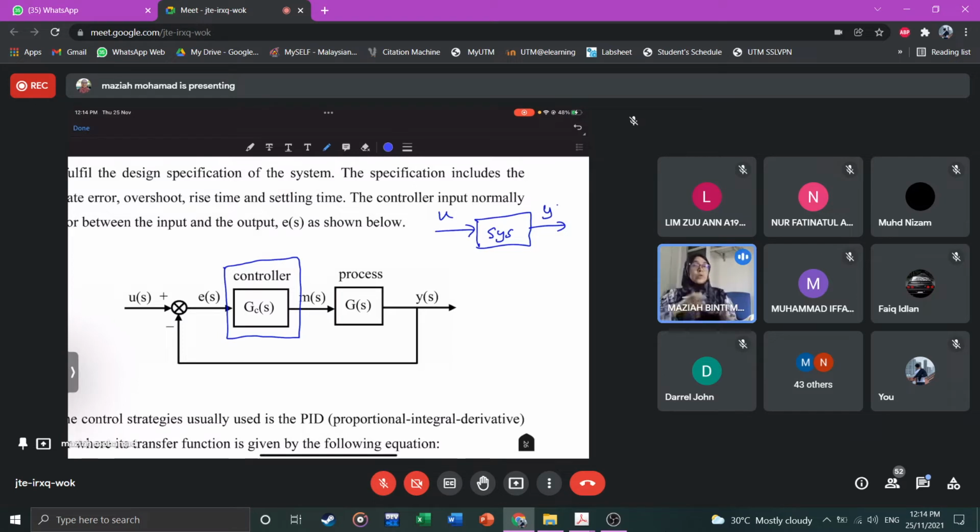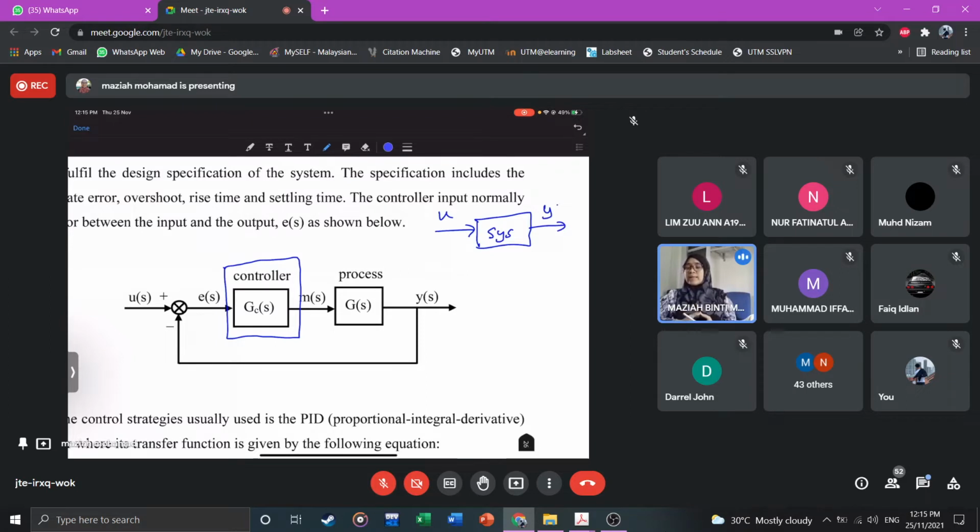The objective of this controller is to improve the response of the system. If the response is too slow, then by adding a controller, it should be able to improve the time constant and make the system respond faster.